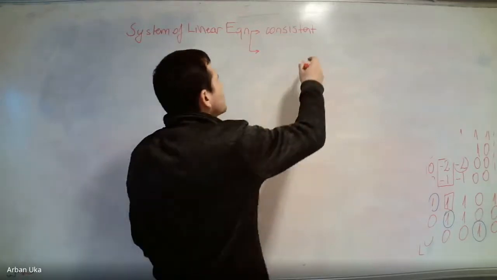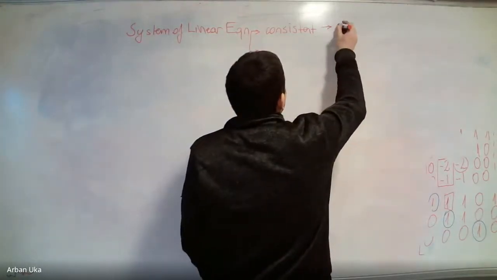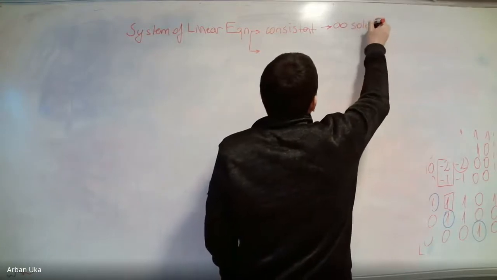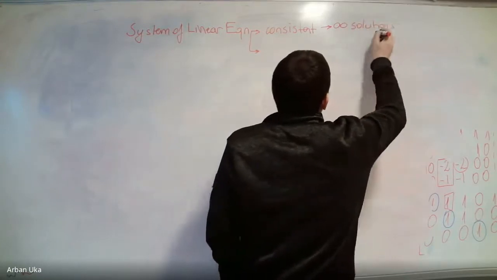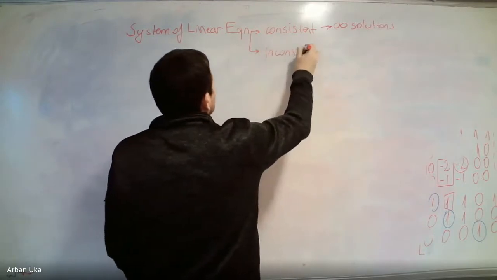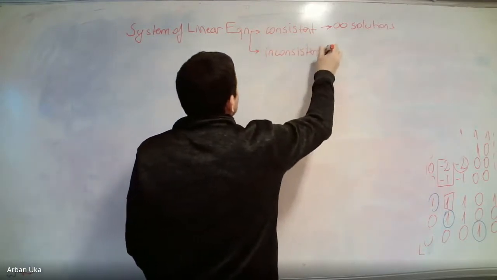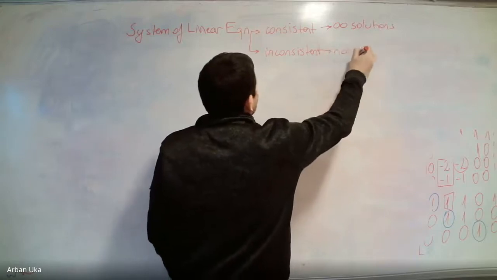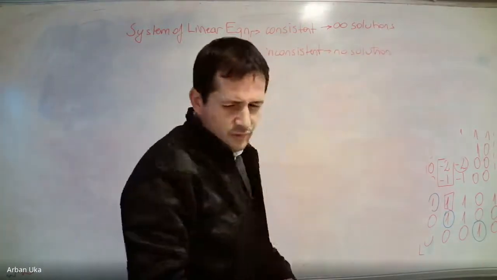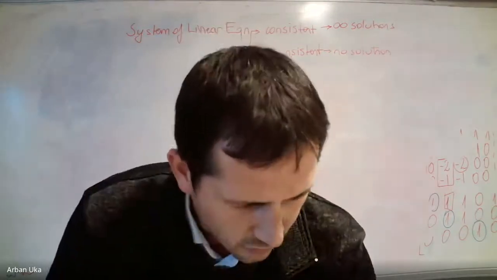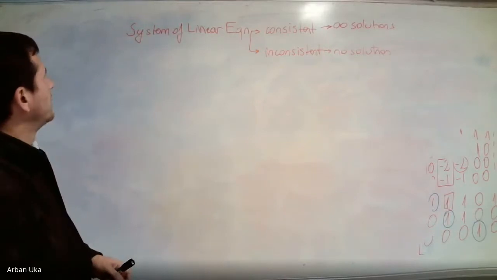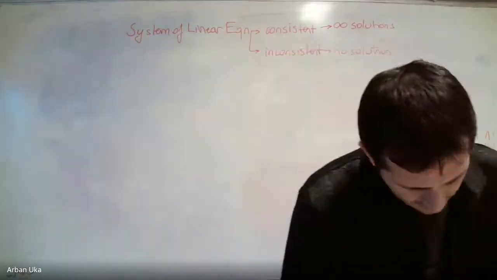Okay, so it is consistent, and we can have an infinite number of solutions. It is possible. We just saw it. It can also be inconsistent, and being inconsistent means that we have no solution. So it could be a system of equations which simply has no solutions at all. This is a possibility among many.